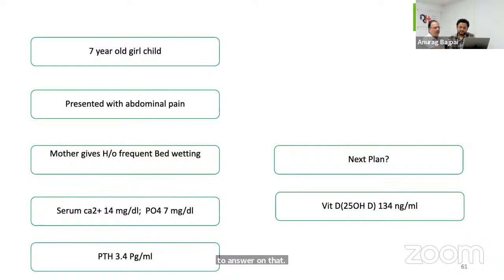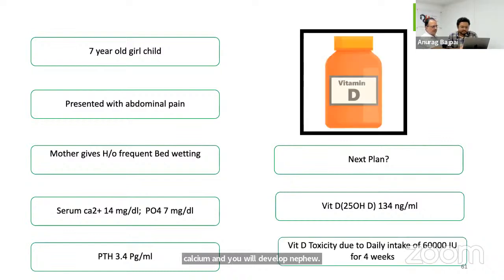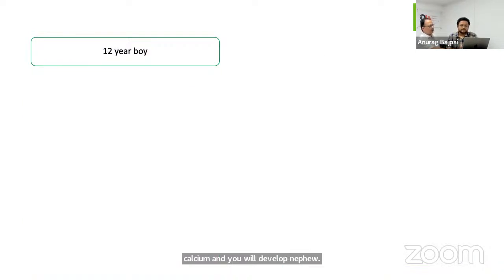So vitamin D level, Dr. Palari Raman, vitamin D excess, Dr. Shubha, vitamin D. So yes, this is a classical scenario of vitamin D excess, in which you will develop nephrocalcinosis very quickly, because if the calcium levels are high, there is no protective PTH to conserve the calcium, and you will develop nephrocalcinosis quickly. Yeah. So it's vitamin D toxicity.